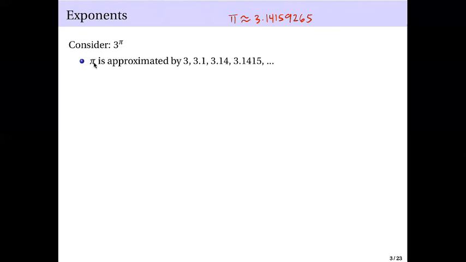So we have an approximation for pi. What we're going to do is to have also an approximation for 3 to the pi. For example, let us start with 3 to the 3 because pi is approximated by 3. This 3 to the pi is approximated by 3 to the 3, and that's equal to 27.